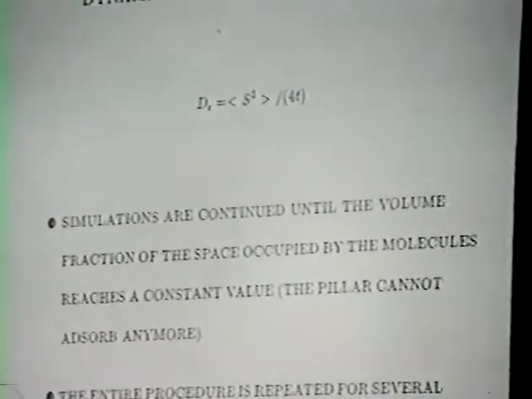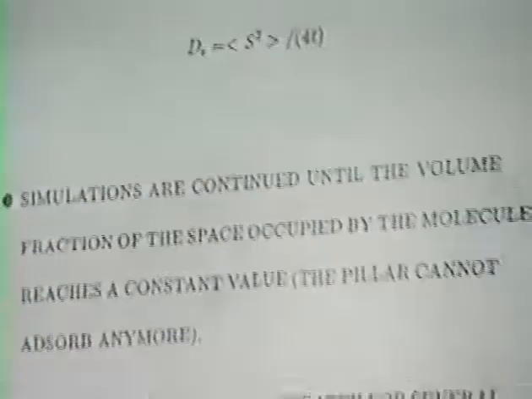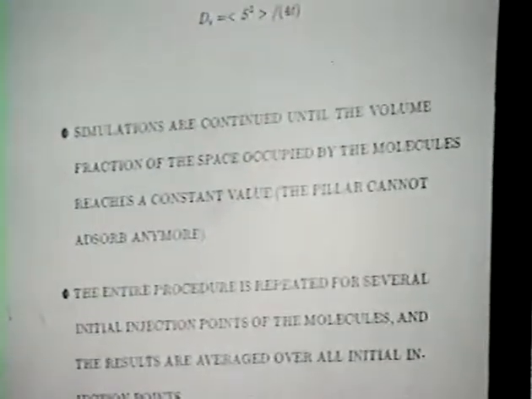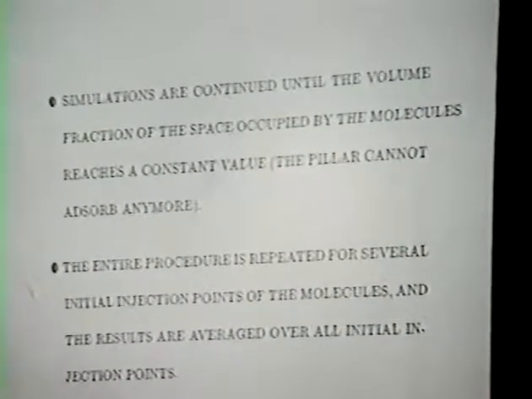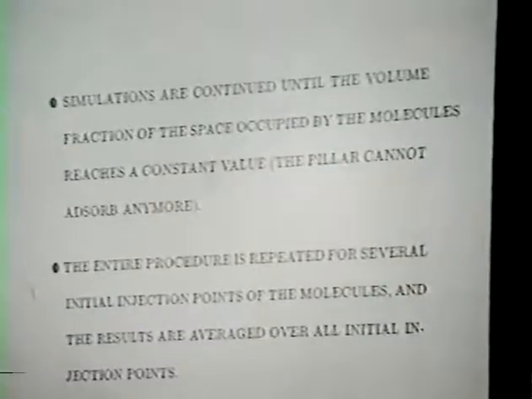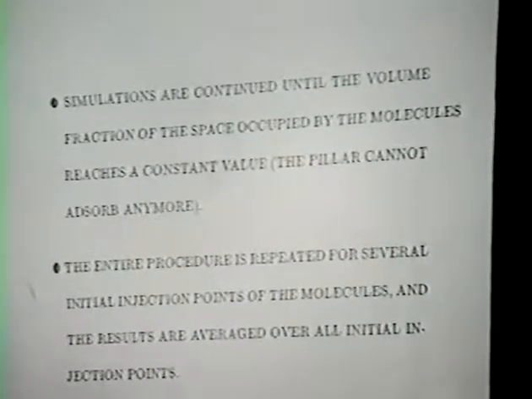The effective diffusivity is the mean square displacement divided by 4t or something along that line, and you continue the simulation until the volume fraction of the space occupied by the molecules reaches a constant value. In other words, you have absorbed so many molecules on the pillar that you can't send any more molecules into the system, and they can't diffuse because most of the porous space has been blocked by the absorbed molecules.